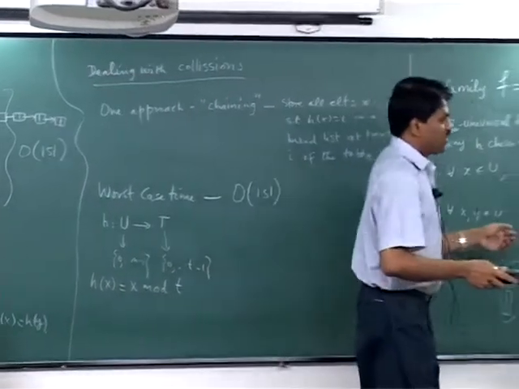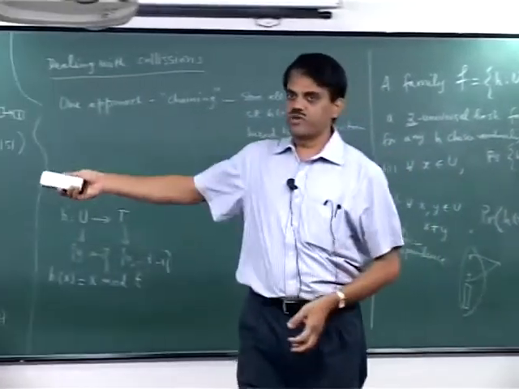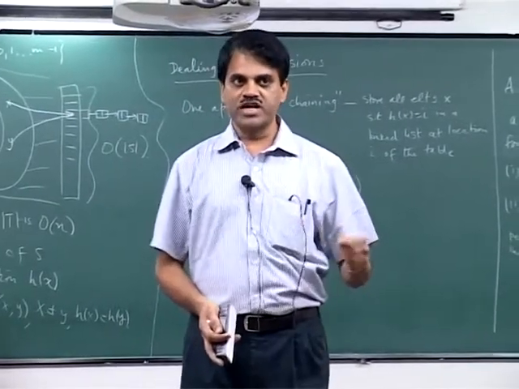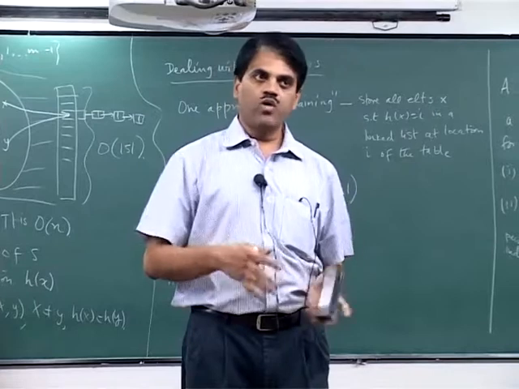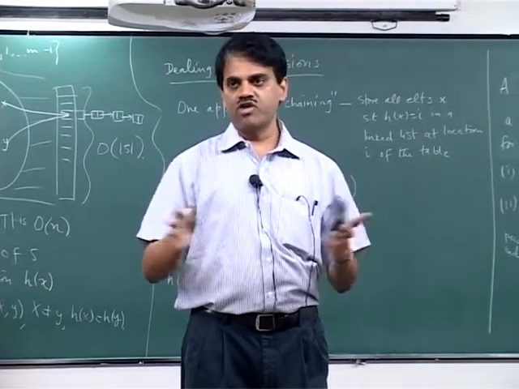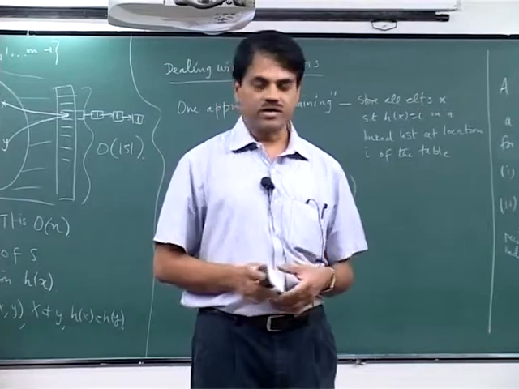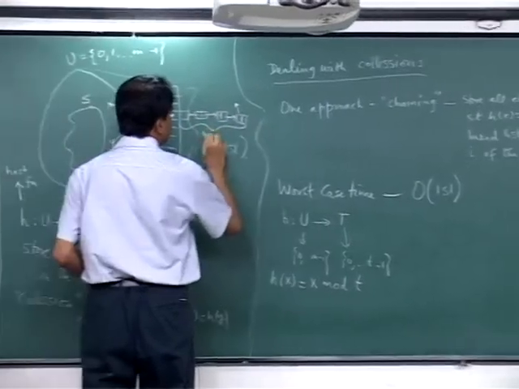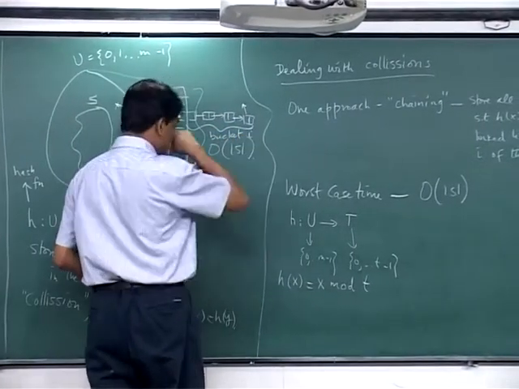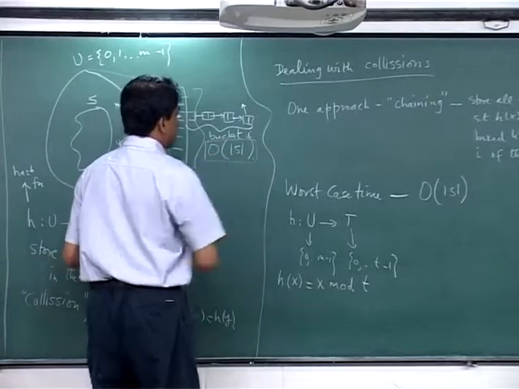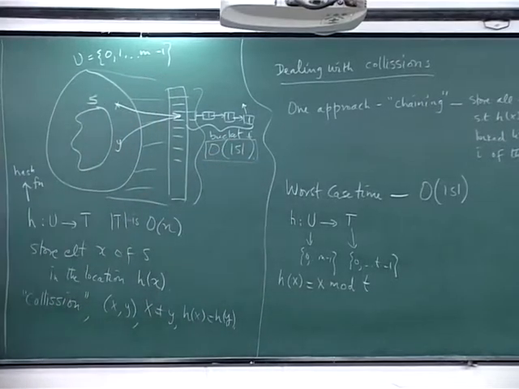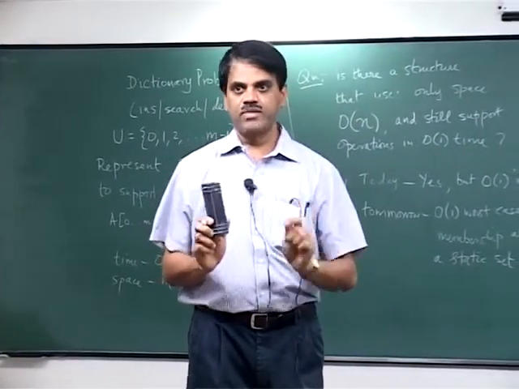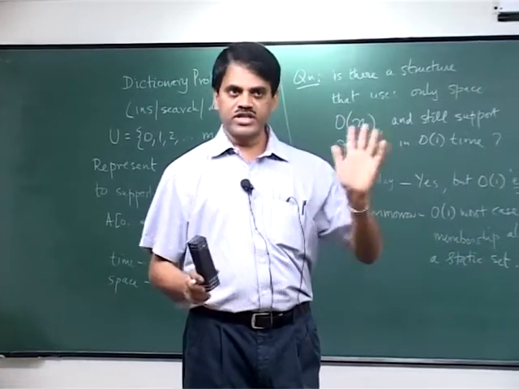Now the second point I want to make is that if I use such a hash family and randomly pick one hash function and use it for my data structure, here is a set, and I am trying to use this hash function to insert it into this table. Now what will happen to the expected size of one location, one bucket? We'll call this a bucket. In the worst case, this bucket can become large. With a random hash family, I hash my elements into this table using that hash function.